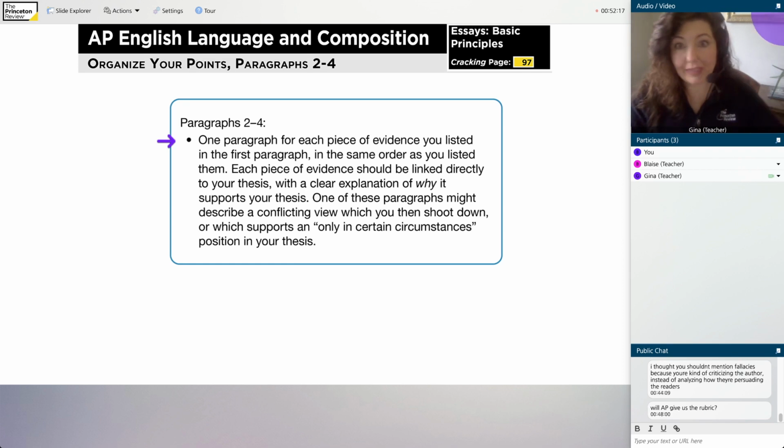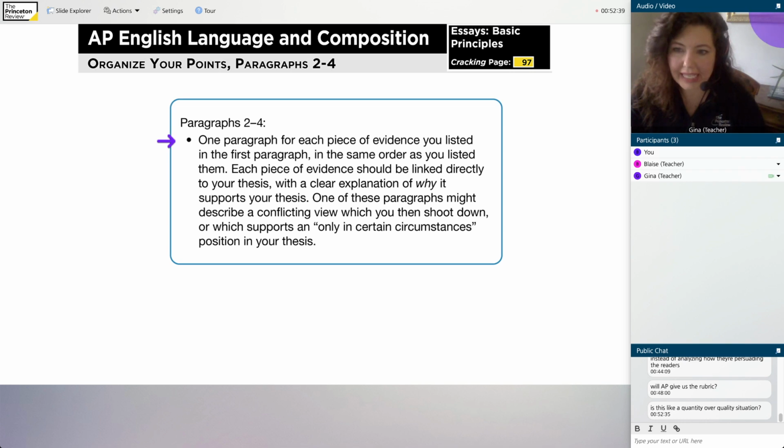So point that out as well. So it's not like you're just talking about one thing per paragraph. It's that you're trying to group your discoveries in a logical manner. So each body paragraph is devoted to one type of rhetorical mode or group of modes.